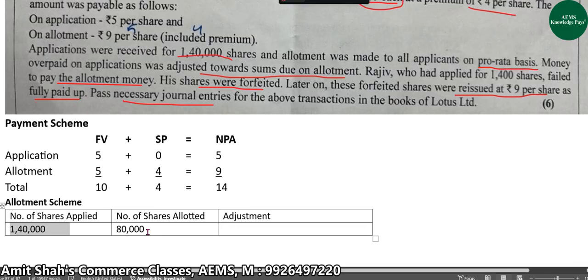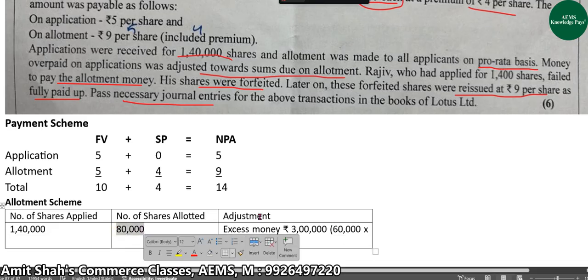So there is excess money of 140 minus 80, that is 60,000 shares. And what everyone has paid initially is rupees 5 of application along with the application form. It means excess money is 60,000 into 5. 60,000 is the difference in the number of shares applied and allotted. And every excess share has paid rupees 5 of application, so excess money is rupees 3 lakhs.